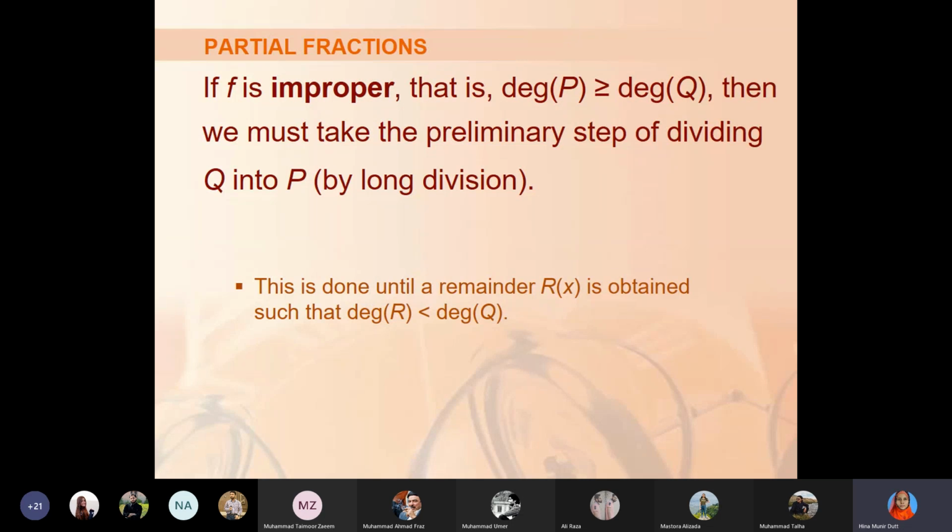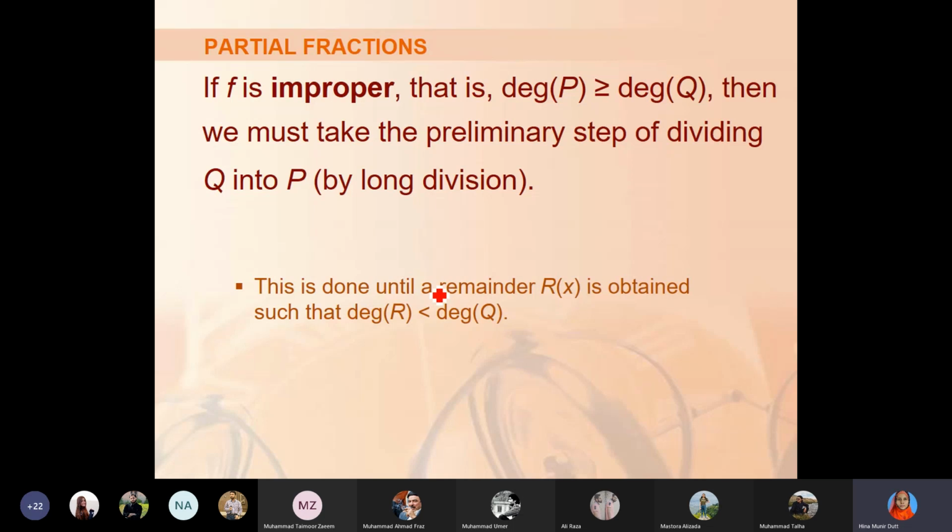So if f is improper, that is, the degree of p is greater than or equal to the degree of the polynomial q, then we must take the preliminary step of dividing q into p, that is, long division. So whenever you are given the integration of a rational function, the first step is to check whether it is an improper or a proper fraction.